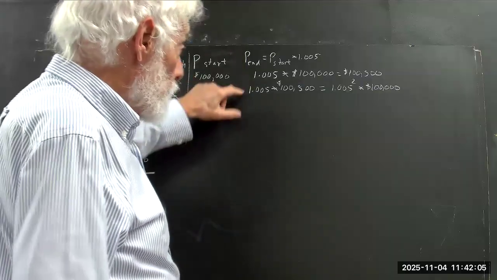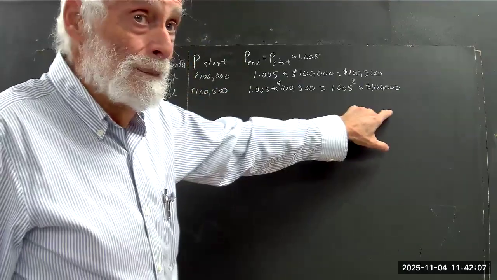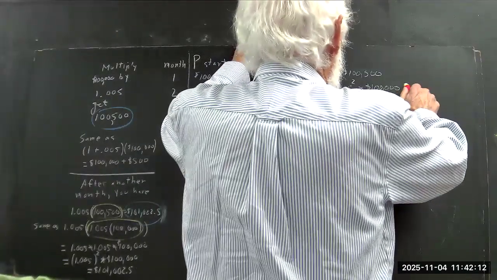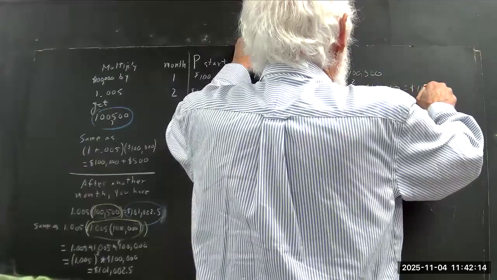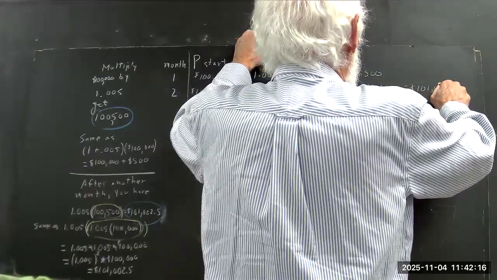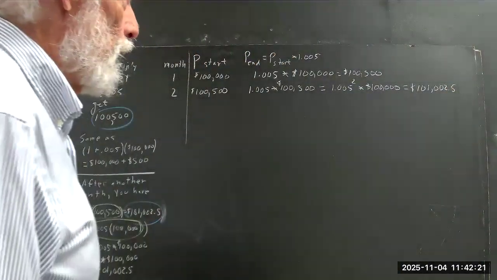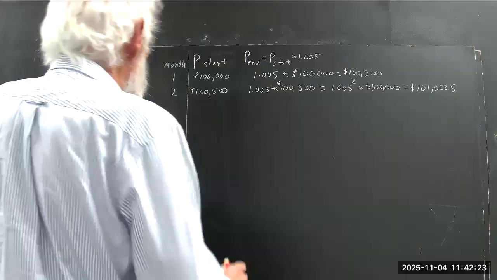So you've multiplied by 1.005 twice to get this. And you got $101,002.5.